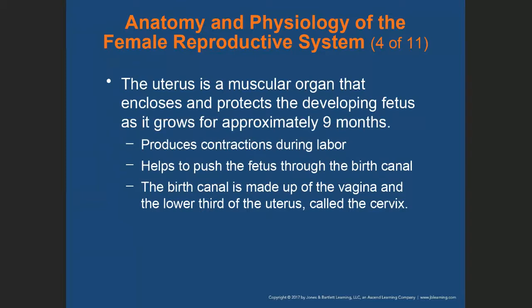The birth canal is made up of the vagina and the lower third of the uterus, which is called the cervix. So the vagina is the opening, the cervix is the passageway.